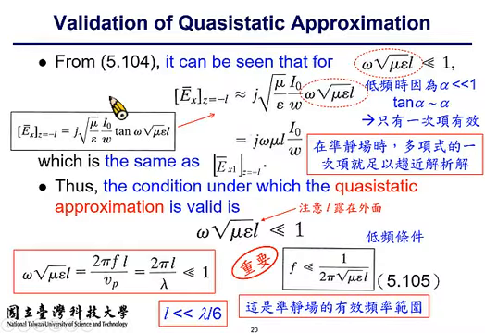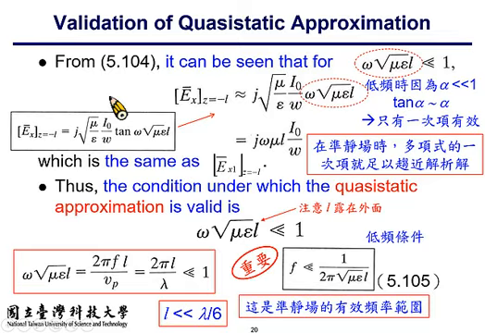So let's check out this expression a little bit. Omega can be expressed as 2 pi f, right? And what is square root of mu times epsilon?